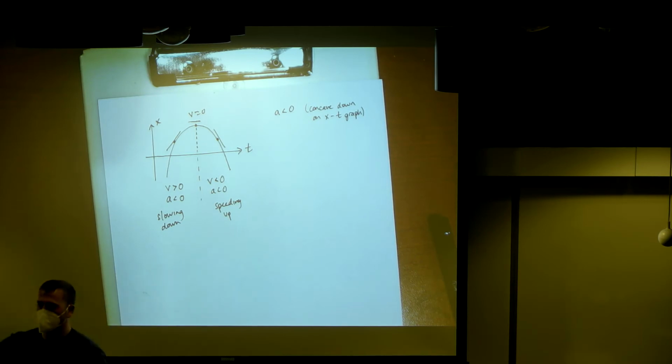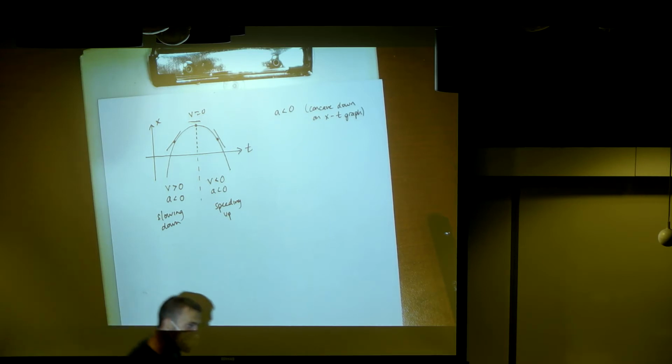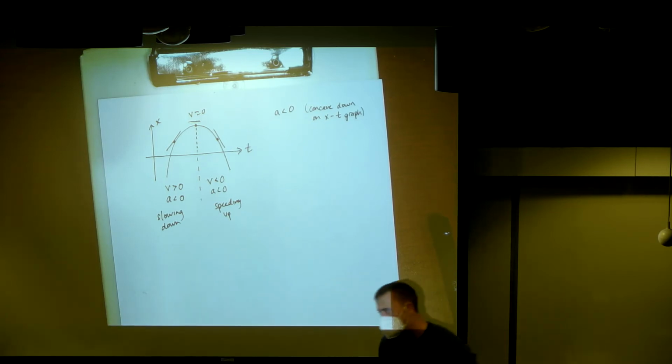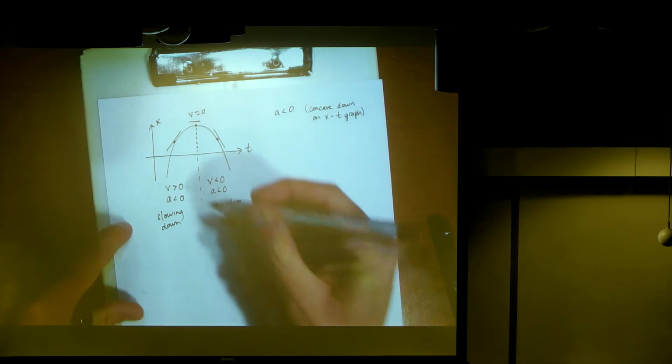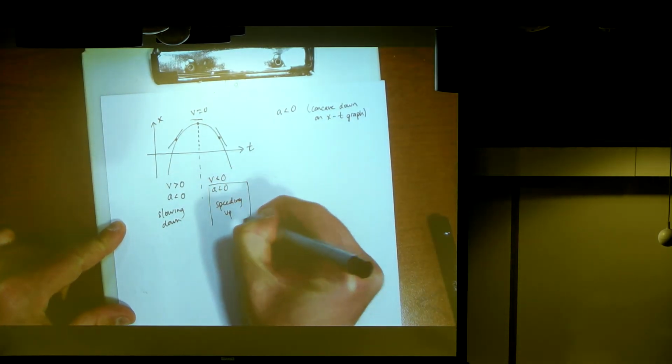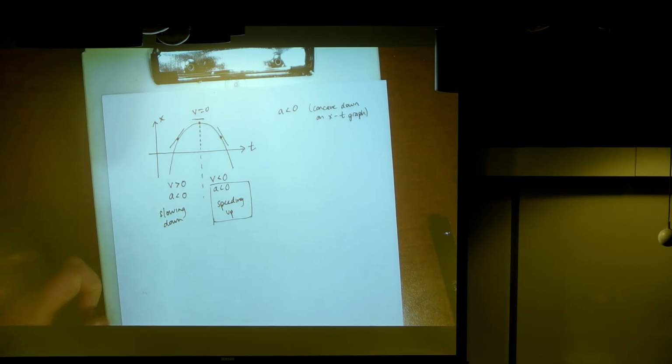I start going the other way with a faster and faster speed. That's what's going on here. So I come in with a very fast speed, slow down to a stop, turn around, and speed up this way. That's what's shown on this graph, okay? So we have negative acceleration and we're speeding up. That's possible, right? That's what I'm trying to show you.